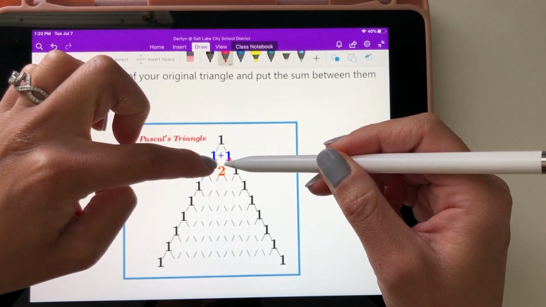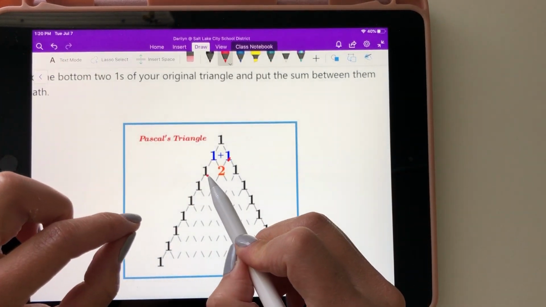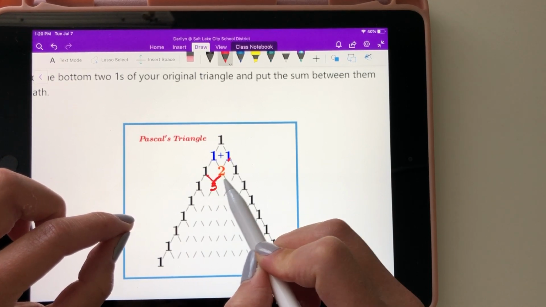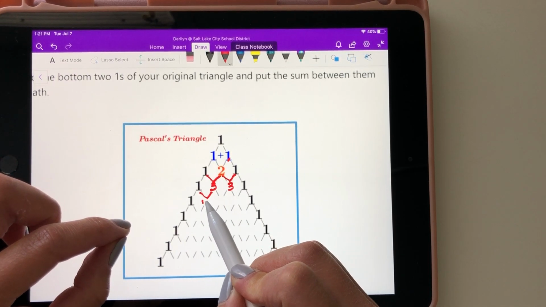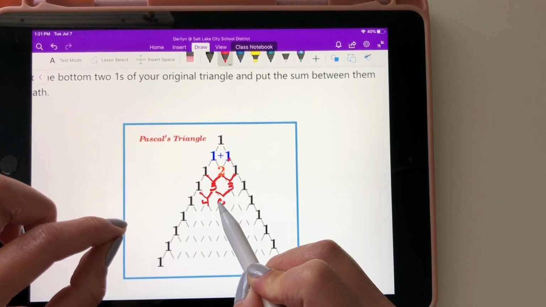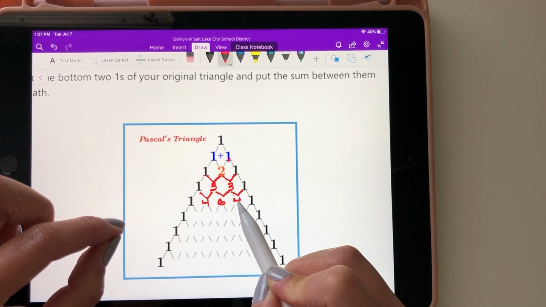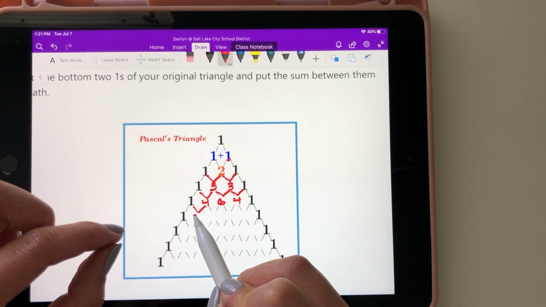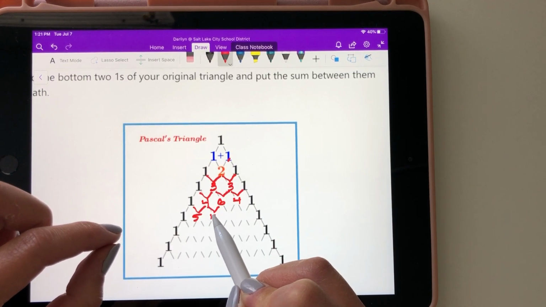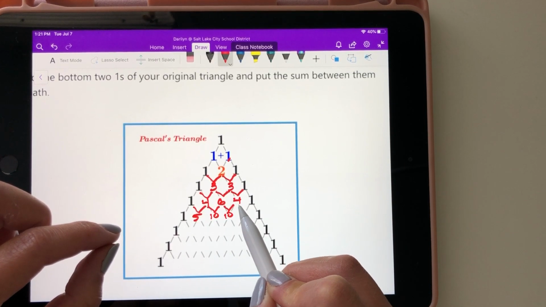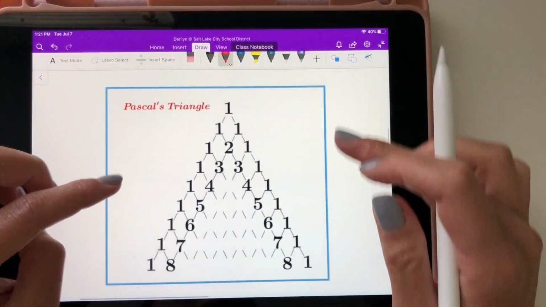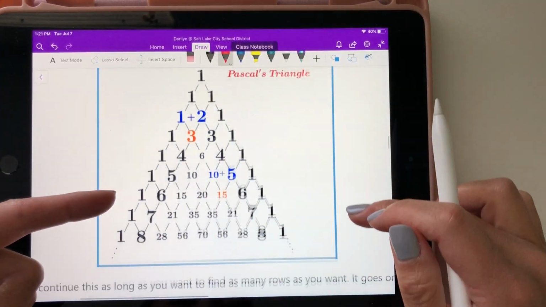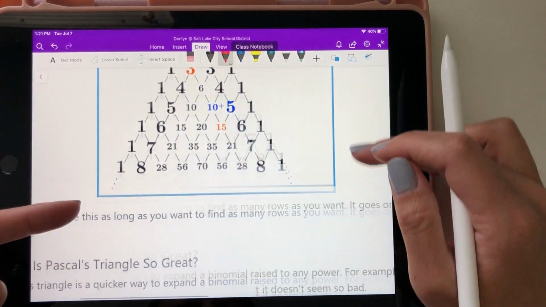So 1 plus 1 is 2, 1 plus 2 is 3, 2 plus 1 is 3, 1 plus 3 is 4, 3 plus 3 is 6, 3 plus 1 is 4, 1 plus 4 is 5, and so on and so forth. I'm not doing a very good job, it's kind of sloppy, but the good news is they did it for me right here.